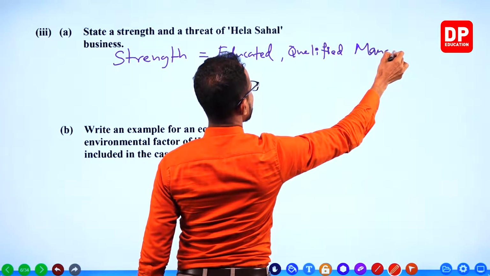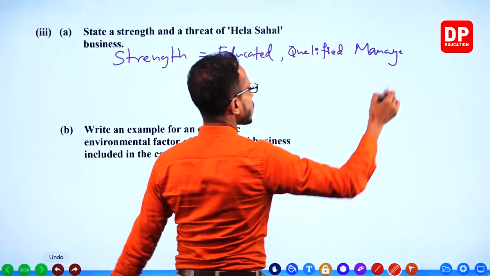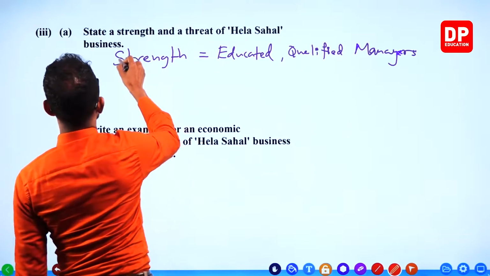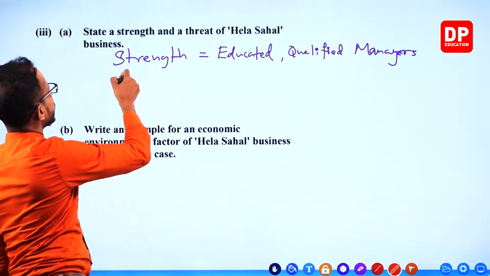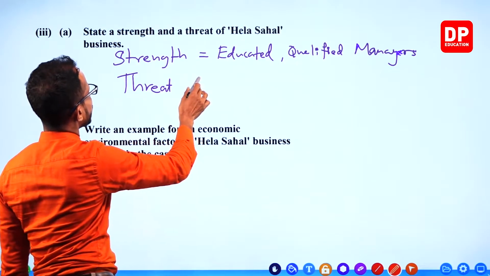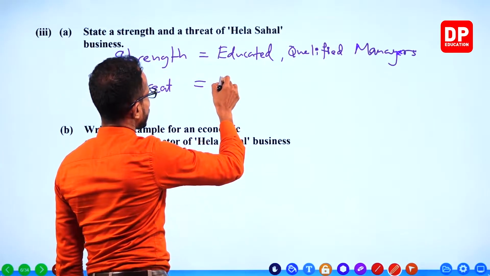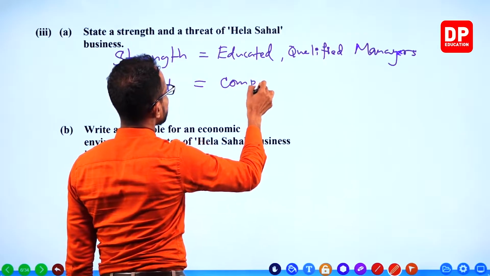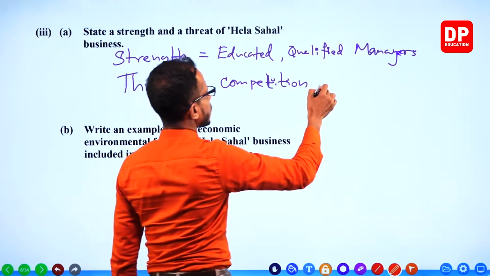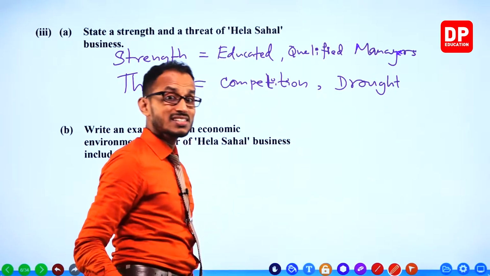Manager, that is Kosal managers. Then that is the strength. Threat. We have many: competition, drought, natural disasters.